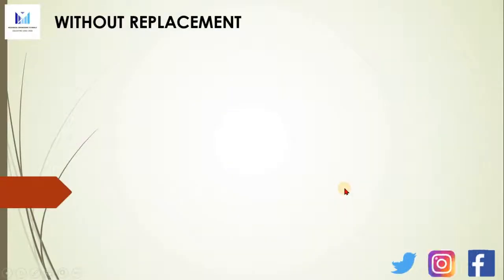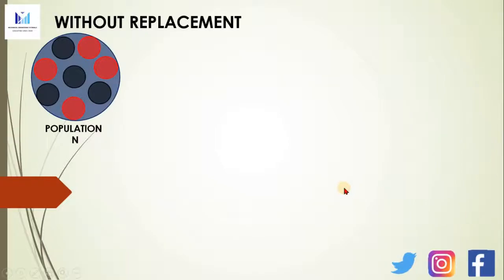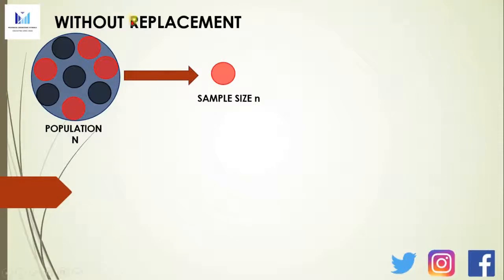Now we shall see without replacement. Here the items are drawn one by one and are not put back into the population before the next draw. If you see, there is a population again of 8 balls, 4 red and 4 black. Firstly a red ball is drawn randomly.